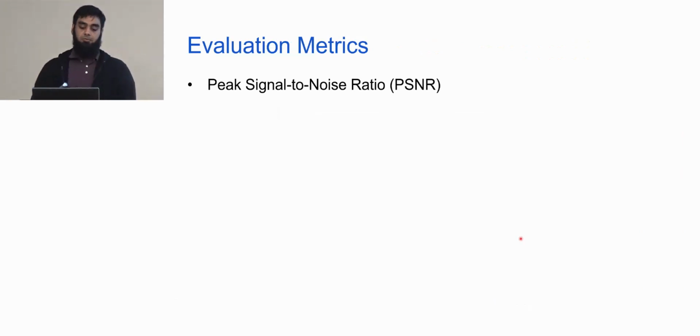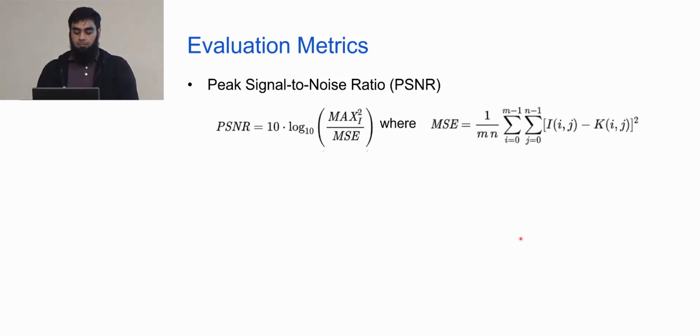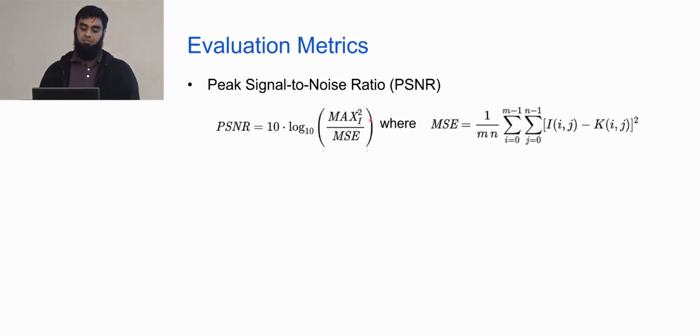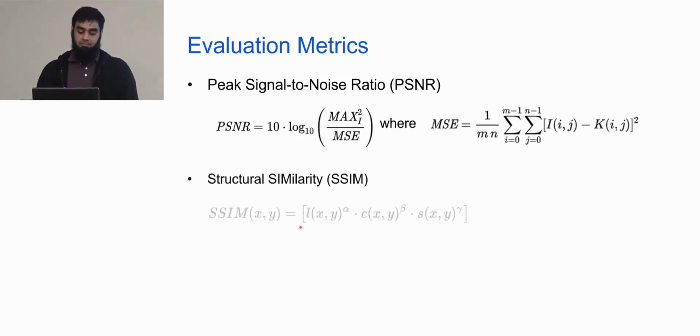So the evaluation metrics that are used for subsequent experiments are PSNR. You attempt to find the signal-to-noise ratio, and that basically depends on the mean square error that you find between the image that is generated and the reference image. So the higher the value, the better it is, because we want the signal to be dominant over the noise present. Another metric that's used is known as structure similarity.